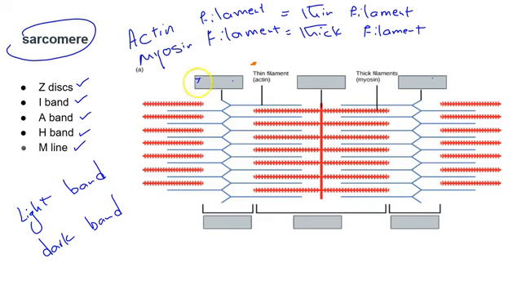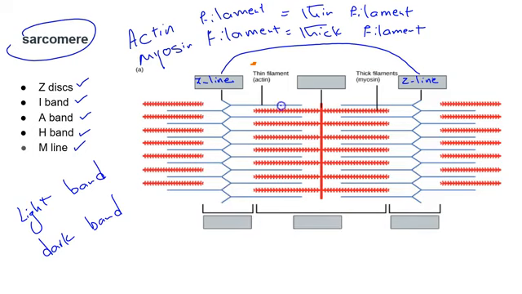So let's draw a sarcomere and then label these parts. We have Z lines or Z discs, which define the boundaries of each sarcomere. As we can see, from one Z line to another Z line would be our sarcomere.